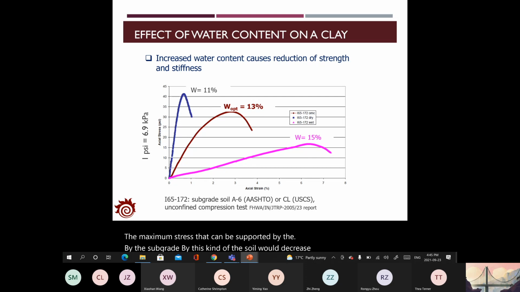Like, at 11%, the maximum stress could be around 42 psi.